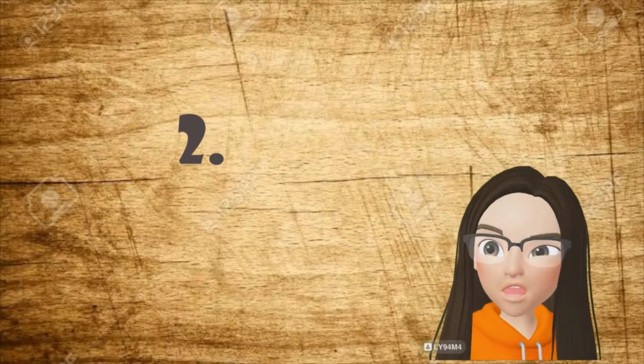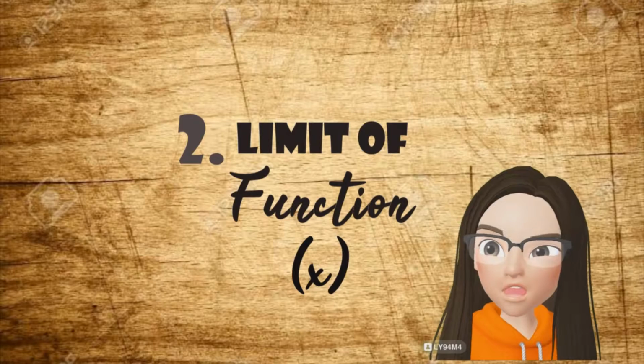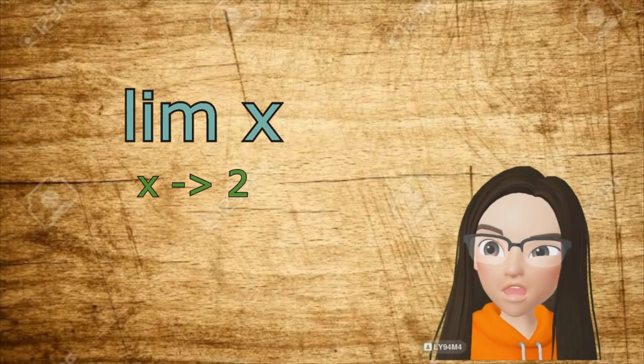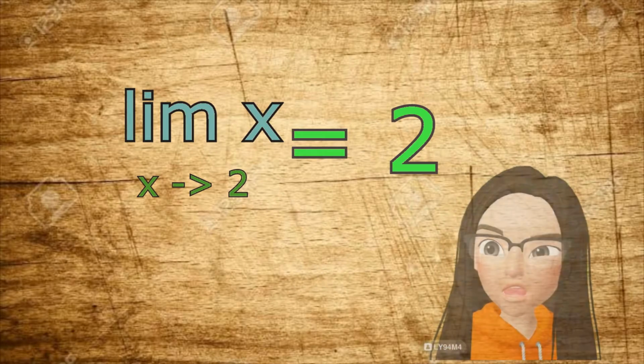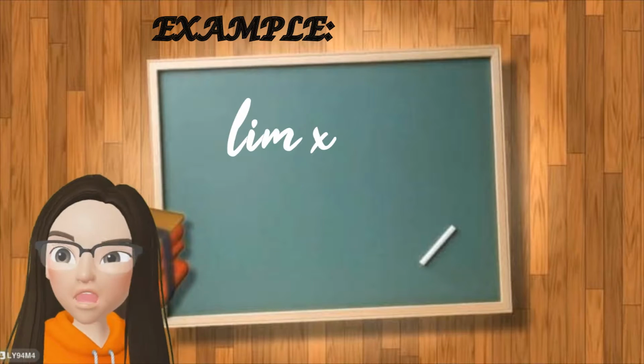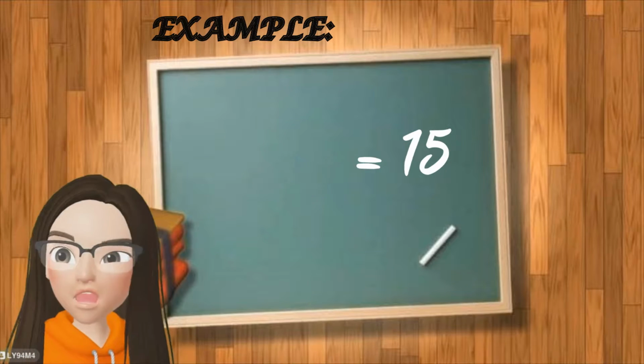The second limit is the limit of a function x, where the limit of x as x approaches k is equal to k. For example, the limit of x as x approaches 15 is 15, where the constant is 15, so the limit is 15.